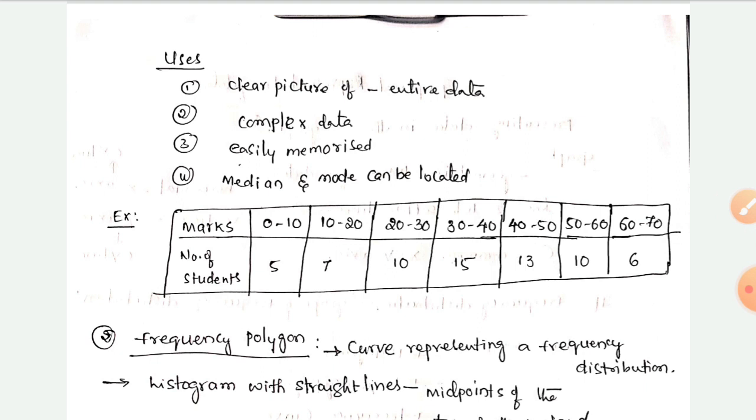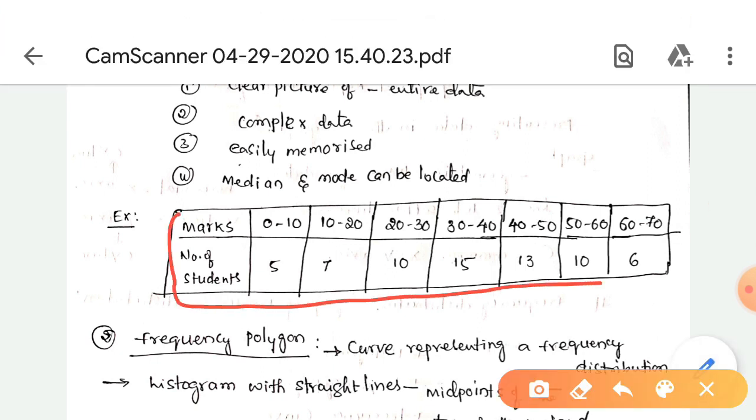Here, marks and number of students. The classes are 0 to 10, 10 to 20, 20 to 30, 30 to 40, 40 to 50, 50 to 60, 60 to 70. Just note down these details.